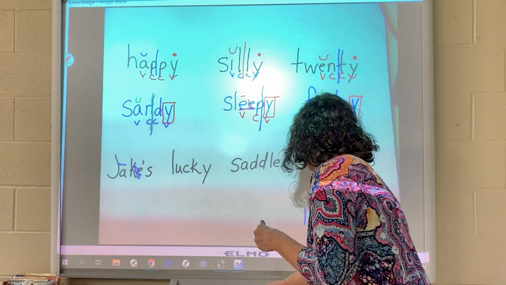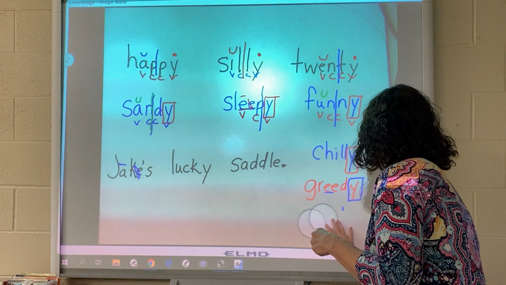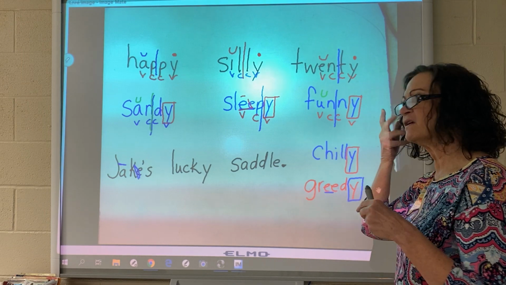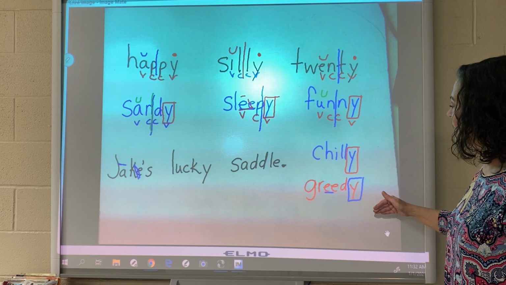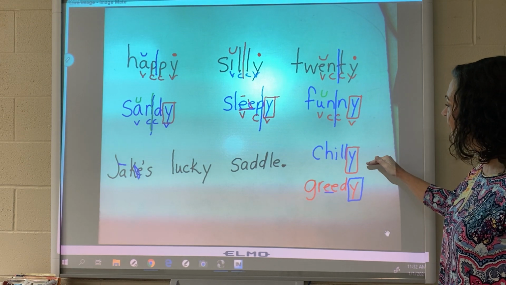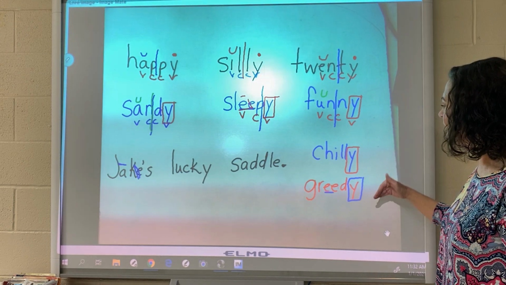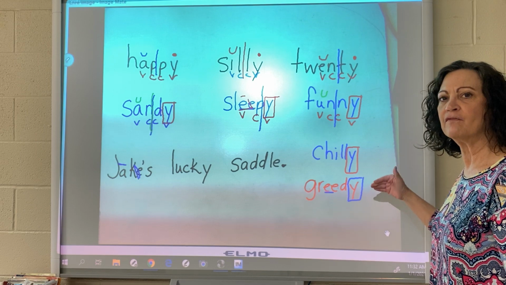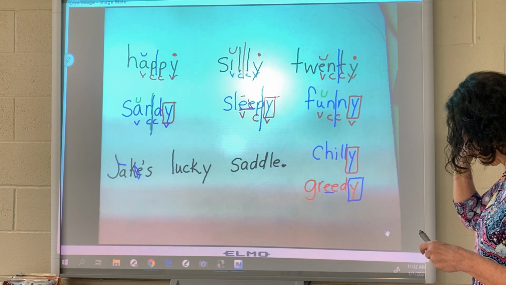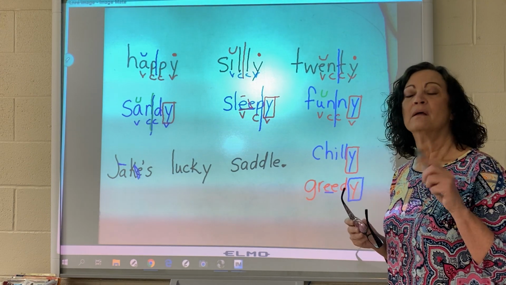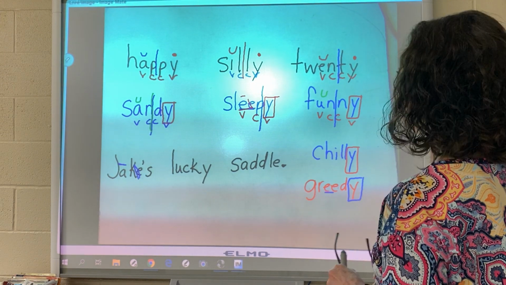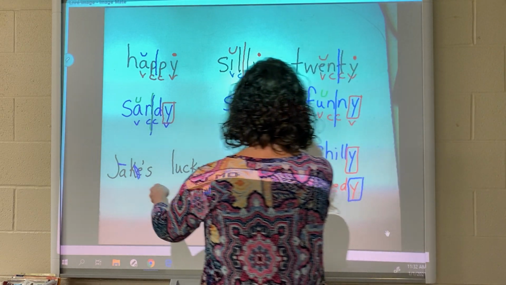But I'm going to mark this out because I don't agree with this right here, laundry. Because without that suffix, you don't have a word. So, we'll just say it means two different things. Chilly means a state of chills. Greedy means you're full of greed. All right? And I disagree with the phonics people on this laundry because it can't be a word without that Y. But anyway, back to this.